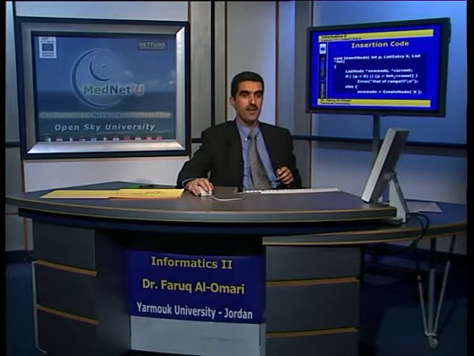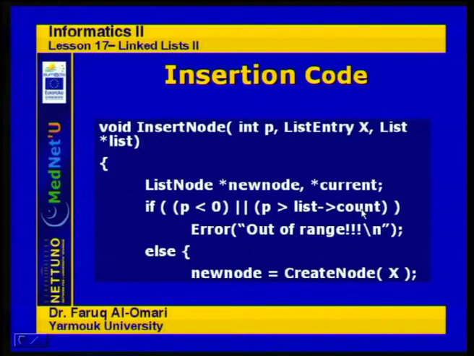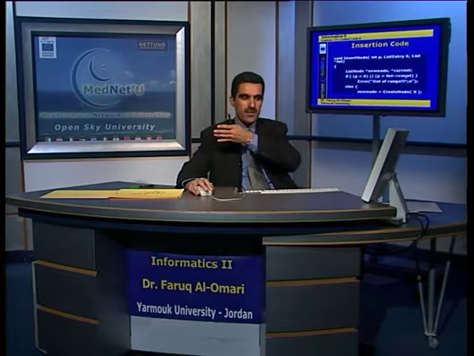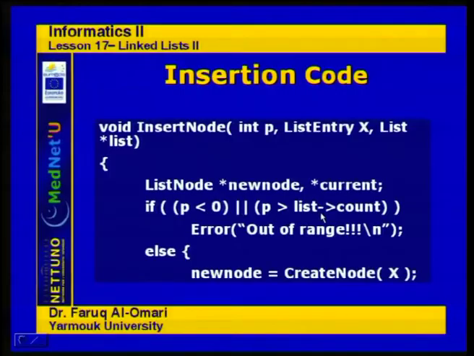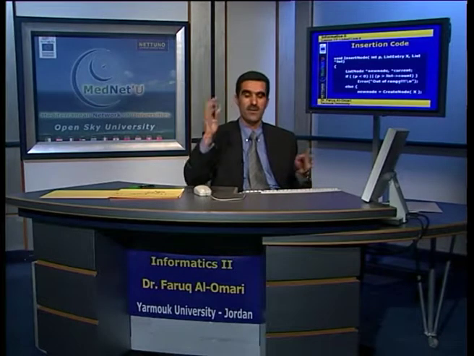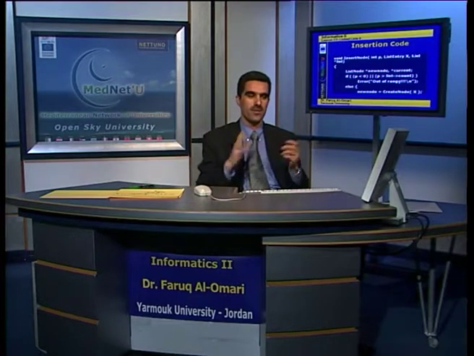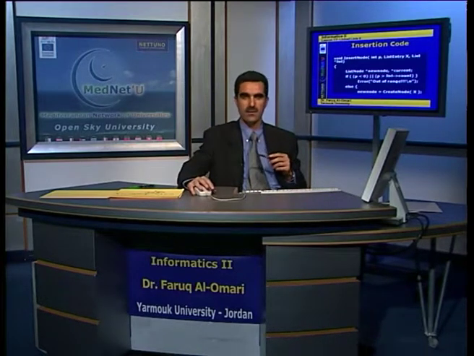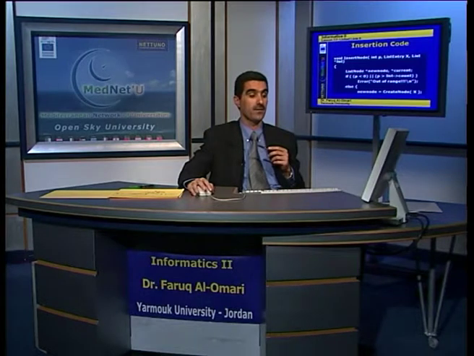Or is P larger than the count? Again, if that is the case, then you're outside the scope of the list. So in either case, call this function called error and display a message to the user which says, no, you're out of the scope of the list. Sorry, I can't add any nodes in there.